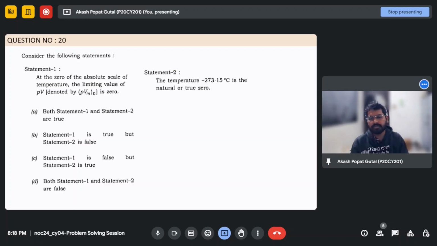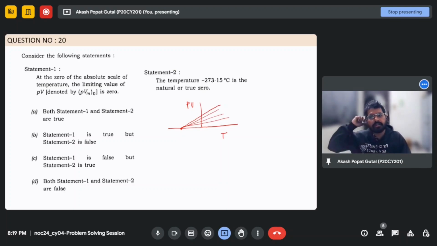That is the reason both statements are true, because for the graph of PV versus T, PV goes to 0 for all gases. That 0 will be nothing but the limiting value for every ideal gas. So the answer would be 1.